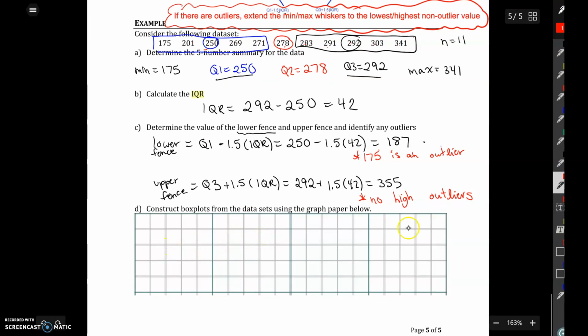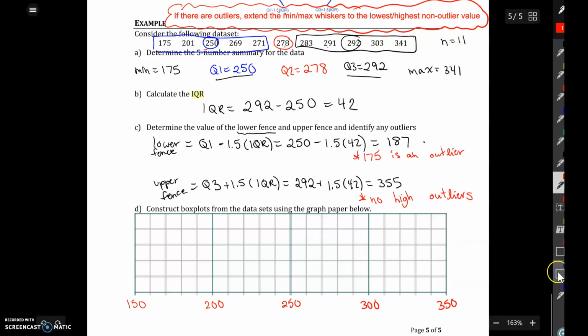The first thing we need to do is label our axes. We think about the range of data we have to go from. We're still going to put the 175 on our graph, it's just going to be marked as an outlier. So we have to go from 175 up to 340. So let's mark starting at 150, 200, 250, 300, 350. We don't know what this data is for, so we're not going to label the axes.